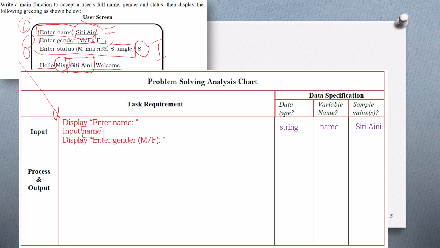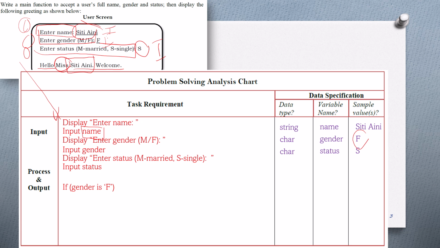Next, display enter gender, input gender, then you have the variable gender, example value F. Since this is only one character, you may expect char as your data type. Next, display enter status, input status, then you have status of type char.